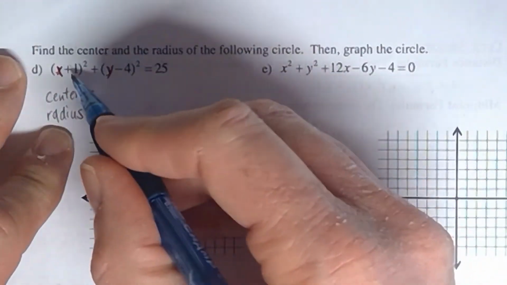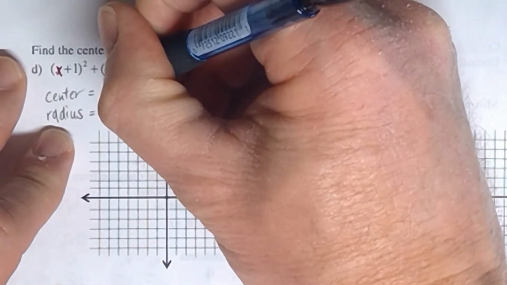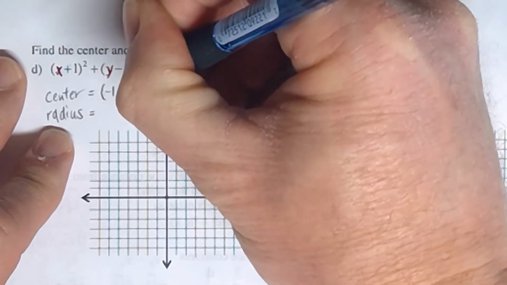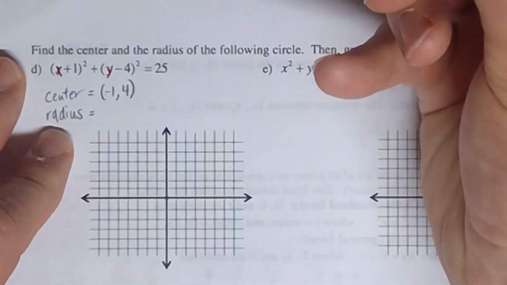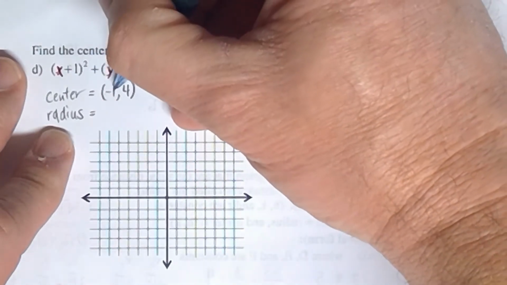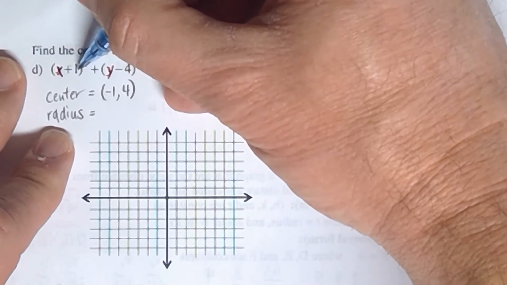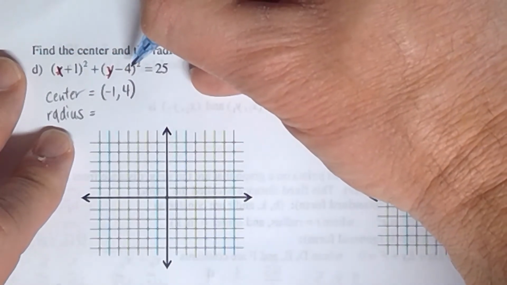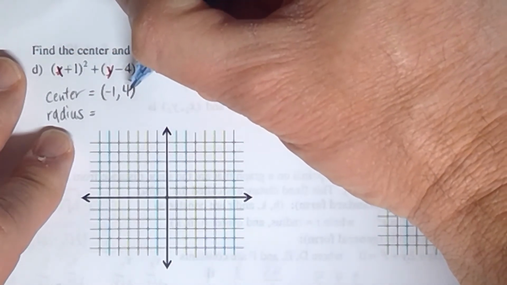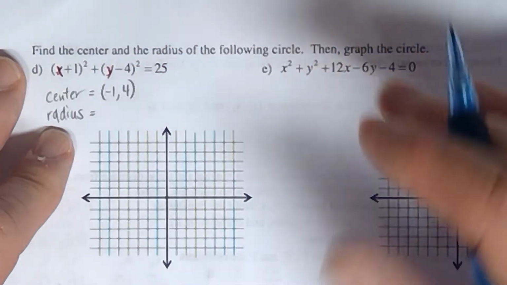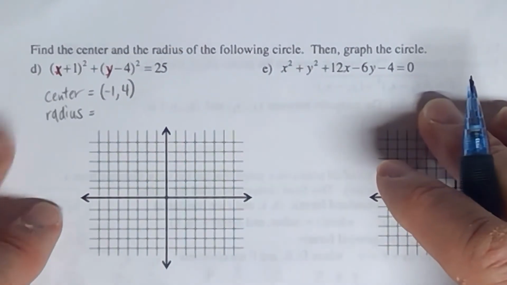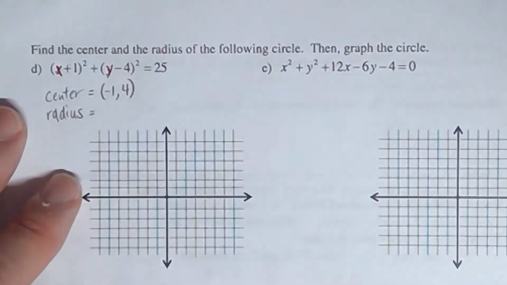So the +1 and the -4 become -1, +4. The 1, of course, is the x part of the center because it's in the same bracket as x. The 4 is the y part of the center because it's in the y bracket. So that's how I knew to come up with that answer right there.